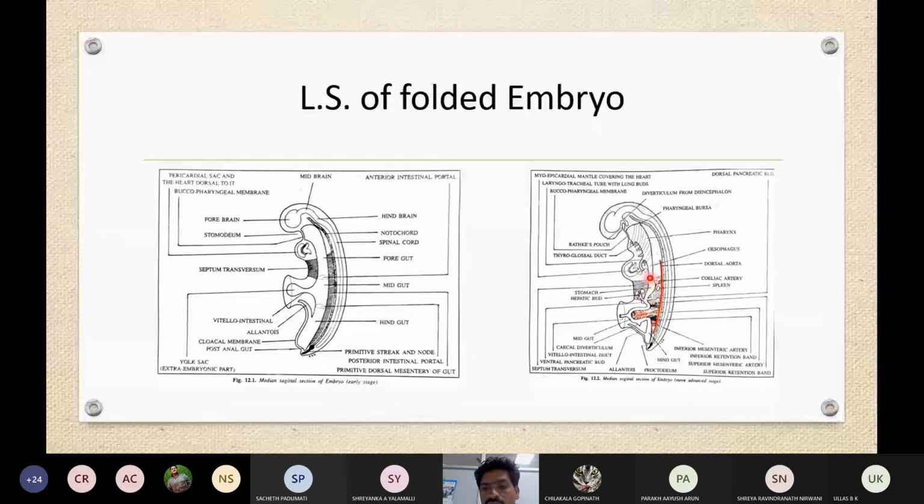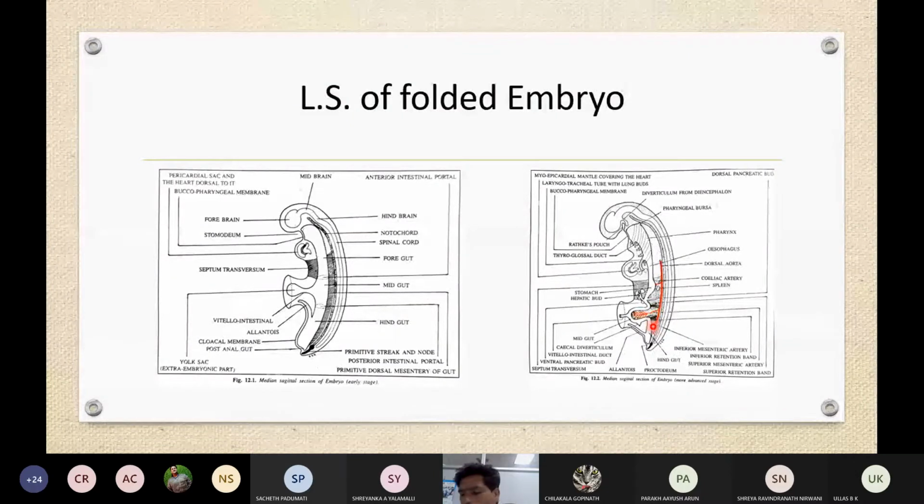This is actually the foregut part, here is the midgut part, and here you are finding the hindgut part. Similarly, the vessels of the foregut, midgut and hindgut are visible. The celiac trunk, the superior mesenteric artery and the inferior mesenteric artery are respectively the arteries of the foregut, midgut and hindgut.